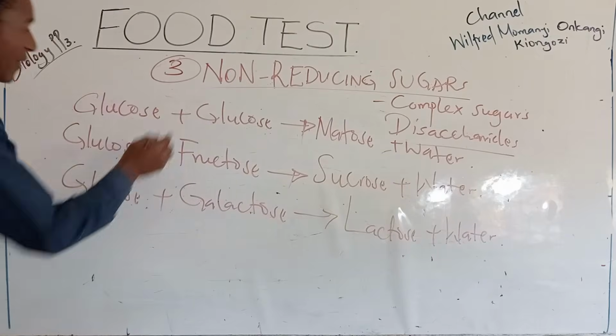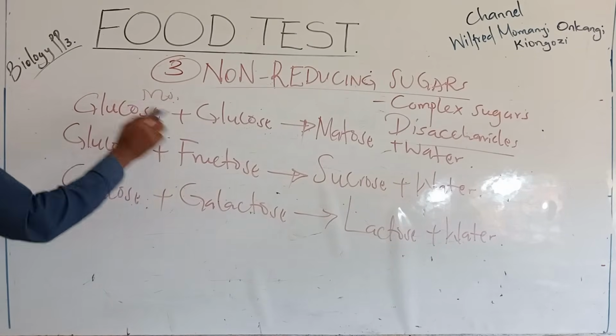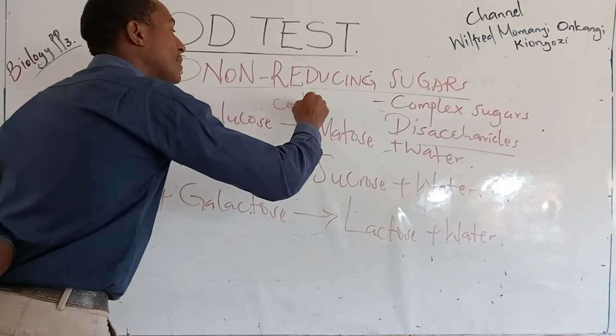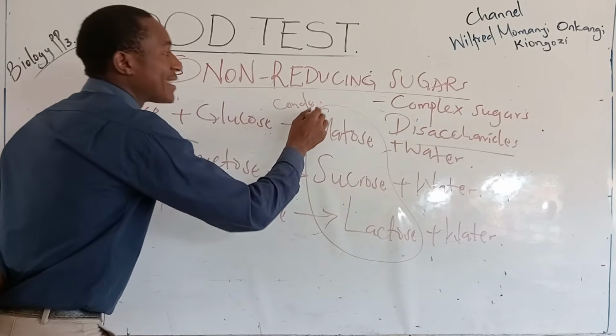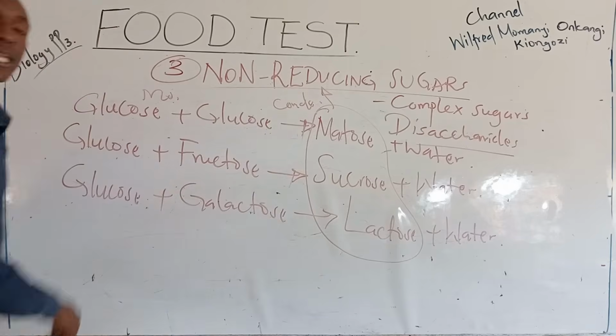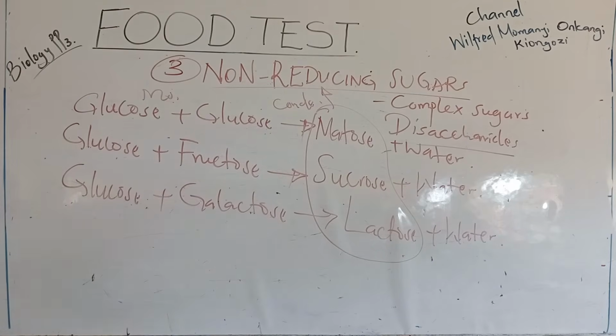What I mean is, these are monosaccharides that have been condensed. So these 3 are disaccharides. They are examples of non-reducing sugars.